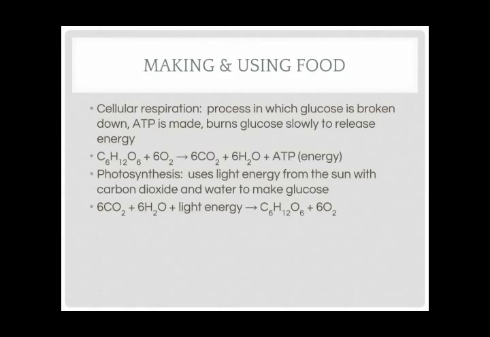So cellular respiration is the chemical reaction that produces ATP, or the energy that we need in order to survive and to carry out life processes and build new cells. That energy unit, ATP, is produced by the breakdown of glucose.